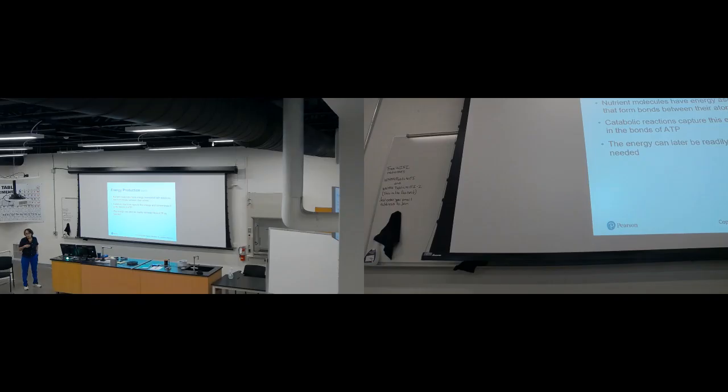Then they can fit into these larger metabolic pathways, like the Krebs cycle and oxidative phosphorylation, that can generate more ATP. So some of these catabolic reactions basically concentrate the energy by forming bonds of ATP. And each of these bonds of phosphate groups, when broken, can release energy.